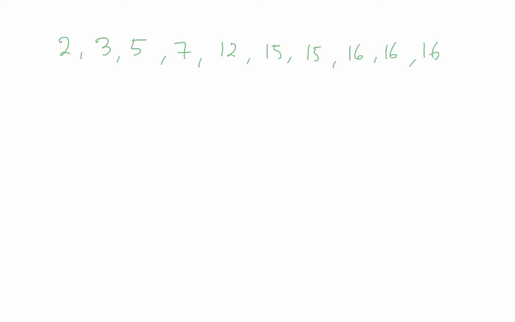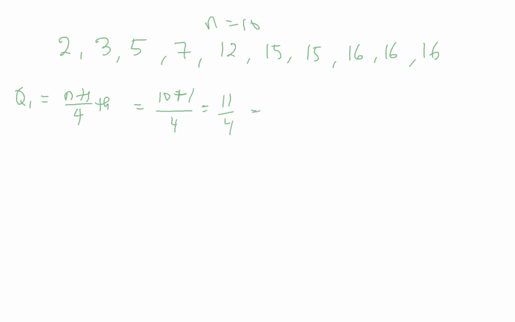So we have 10 values here. If you want to find the first quartile, which is Q1, it's N plus 1 over 4. So we are looking for this position. N is equal to 10 because there are 10 data values here. So we have 10 plus 1 over 4, which is 11 over 4.